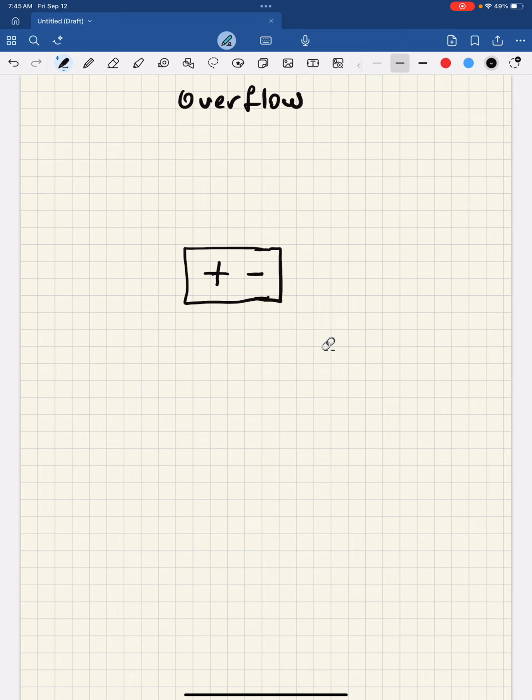Then the computer will have another tiny unit next to it that we'll call the control. This control will be in charge of managing the unit that does addition and subtraction.